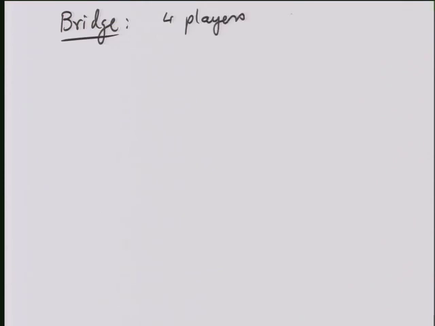Each gets 13 cards. So how many different ways are there of dealing a hand of bridge? You're dealing out all 52 cards to 4 players. How many different ways are there of dealing these cards to the 4 players?